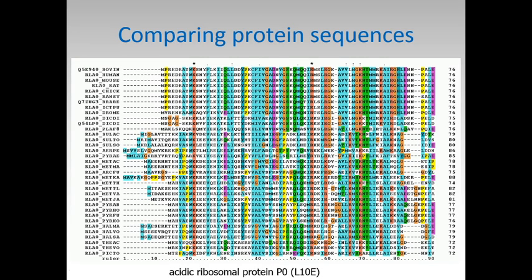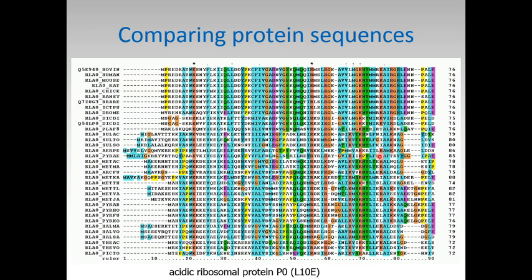This slide gives a classic example of how one compares protein sequences. This is displayed by showing the sequence of the protein acidic ribosomal protein P0 or L10E, and this protein is present in almost all organisms, including human beings. As you can see, the protein sequence starts from 1 and goes to 76 in this case.